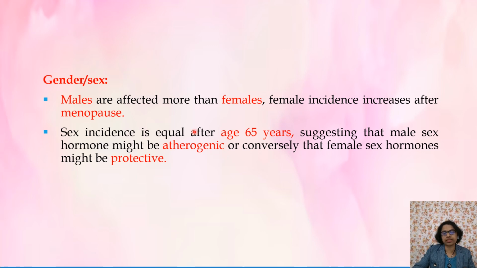What are the hormones present in men? They may be a causative factor for the development of atherosclerosis. Conversely, female sex hormones might be protective. The hormones present in women may be considered protective factors that keep a person away from atherosclerosis.